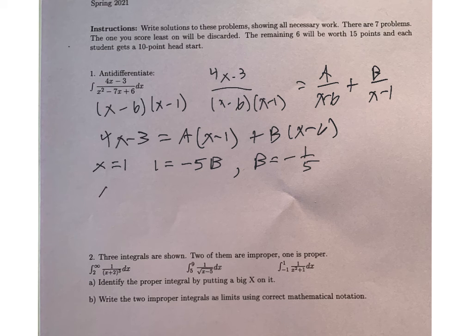And then we plug in 6. We get 21 on the left and 5a on the right. And therefore a is 21/5.